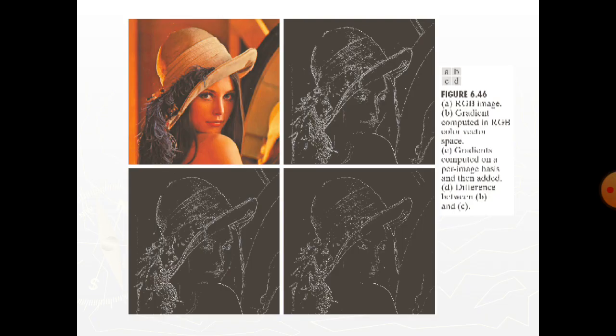So we can say that the edge details of the vector gradient image are more complete than the detail in the individual plane gradient image in this figure. For example, see the detail around the subject's right eye here.